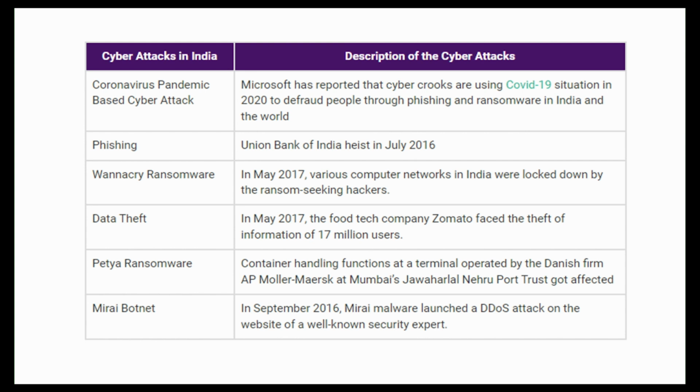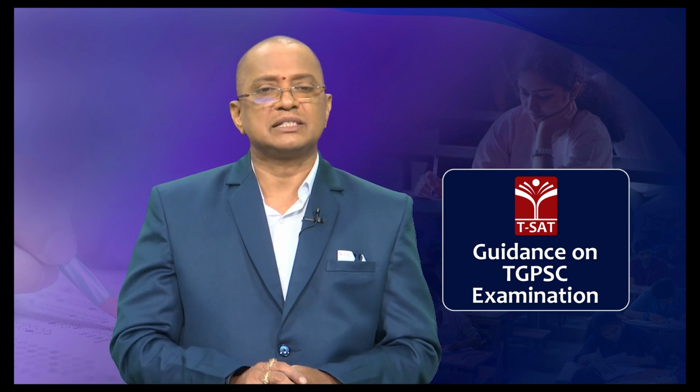And ransomware contained a handling function, a terminal operated by Danish firm AP Moller Maersk in Mumbai's Jawaharlal Nehru Port Trust, got affected. And botnet: in September 2016, malware launched a DDoS attack on the website of a well-known security expert. So these are the different attacks that happen in cyberspace.